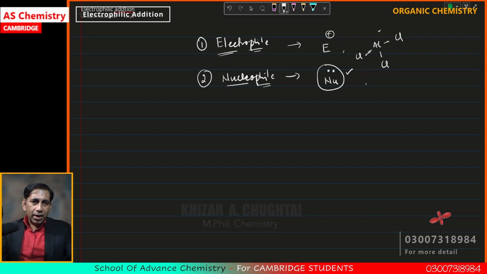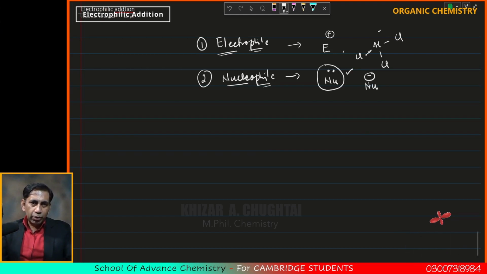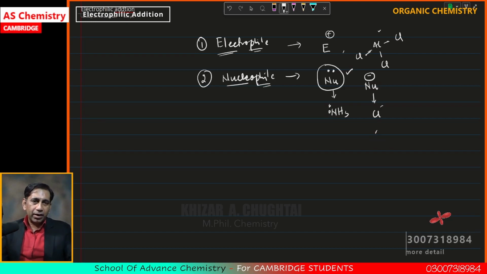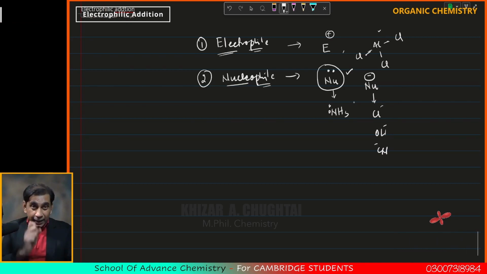And any species that has a negative charge is also said to be a nucleophile, like the Cl negative ion, OH negative ion, and CN negative ion, for example. NH3 has one lone pair. Any species that has a lone pair and can donate it is said to be a nucleophile.